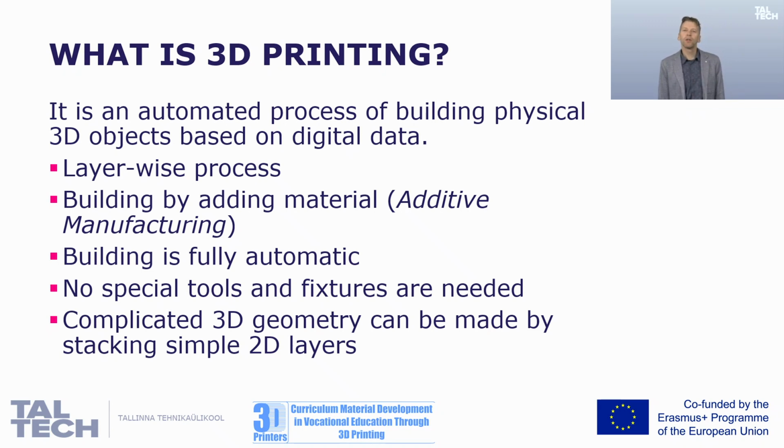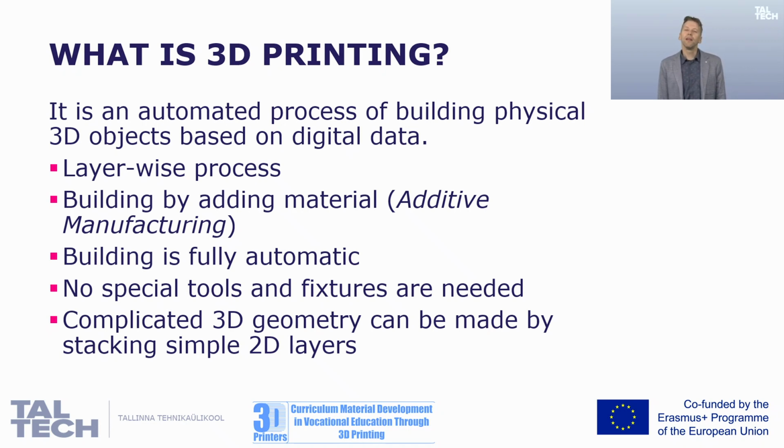And quite an important aspect is also that no special tools and fixtures are needed for production. It means that we're using one machine, and with this one machine, without any special tools, we can build totally different parts, maybe hundreds of parts during one printing session.